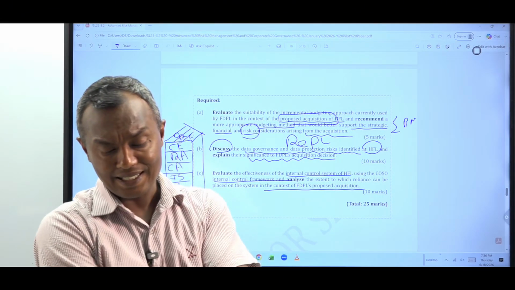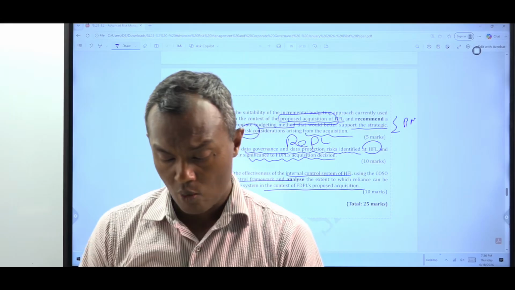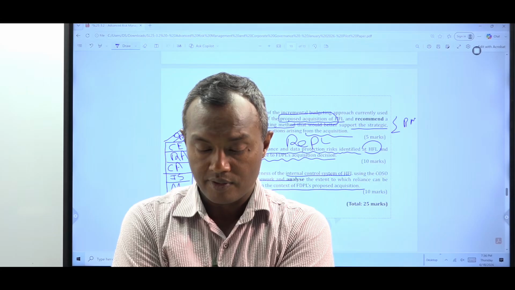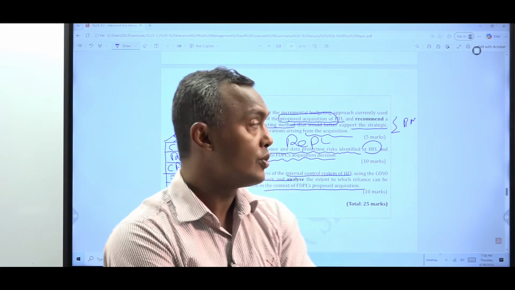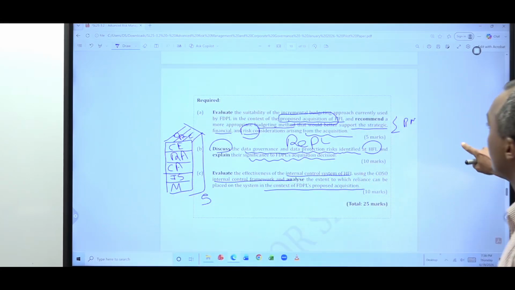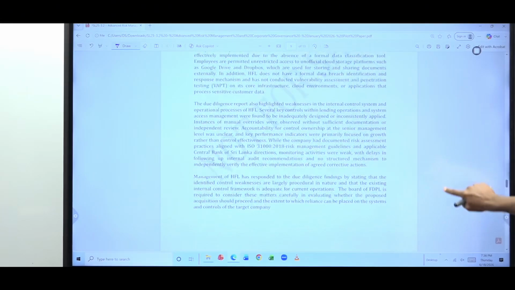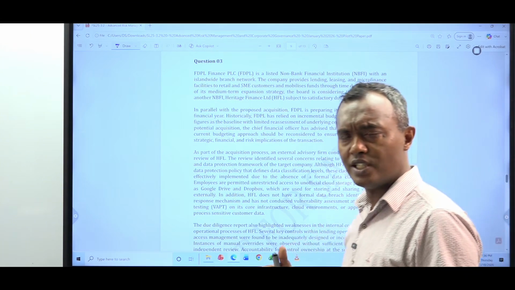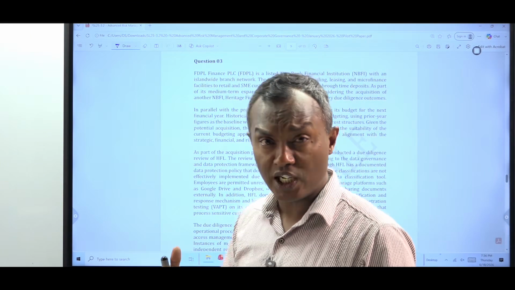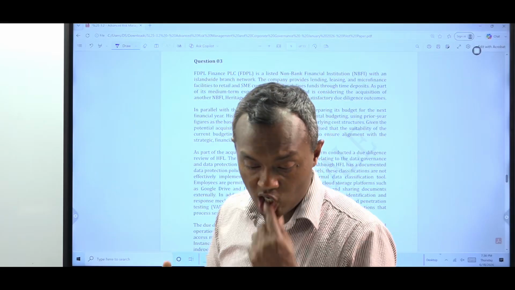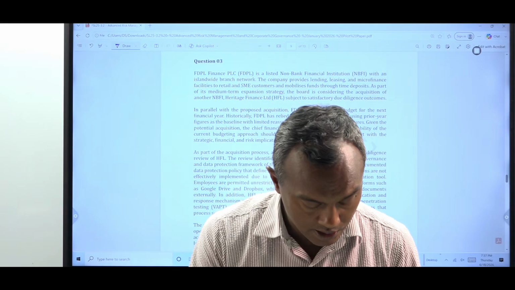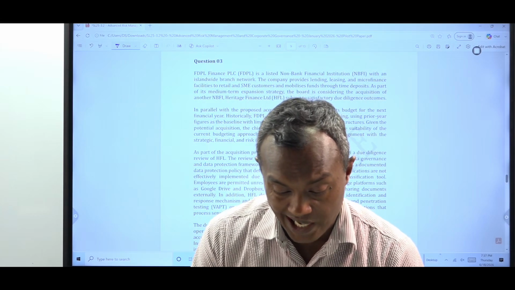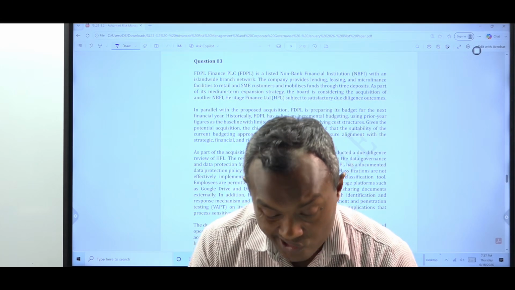Now let us see, to answer these questions, what internal information we can gather from the case study itself, right? So going to the case, what information is required to answer these three questions about zero-based budgeting versus incremental budgeting, and data protection risk? Because one part of the question asks, regarding the Data Protection Act, discuss the data governance and data protection risk.